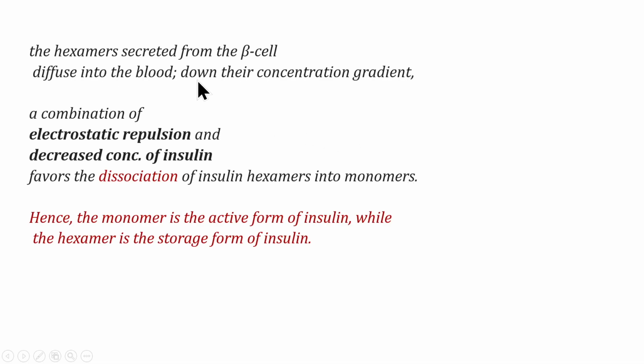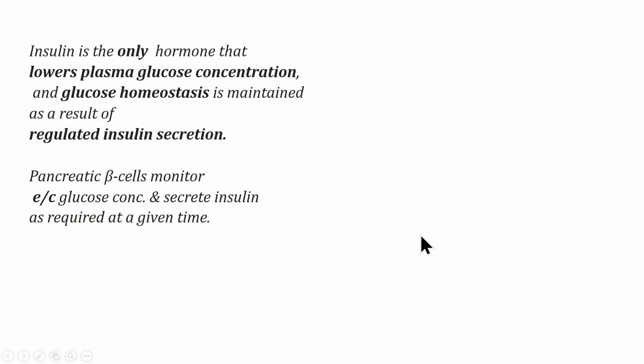The hexamers secreted from the beta cells diffuse into the bloodstream down their concentration gradient. A combination of electrostatic repulsion and decreased concentration of insulin favors the dissociation of insulin hexamers into insulin monomers. Insulin monomers are the active form of insulin, while insulin hexamers are the storage form of insulin.